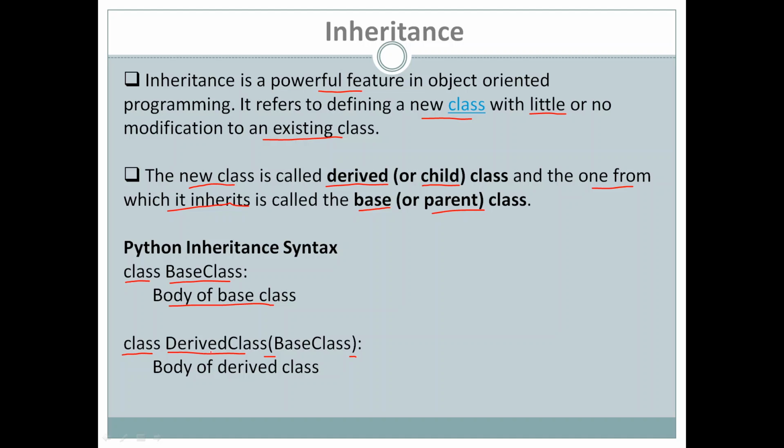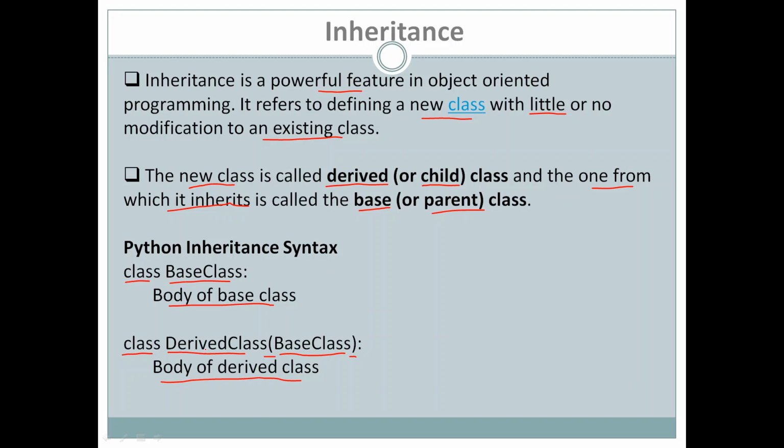So the name of the new class is derived class. Inside the round brackets we have the class name which we want to inherit. The class which we want to inherit is base class, so that has been passed here, and again we have a colon and the body of the derived class, or child class.